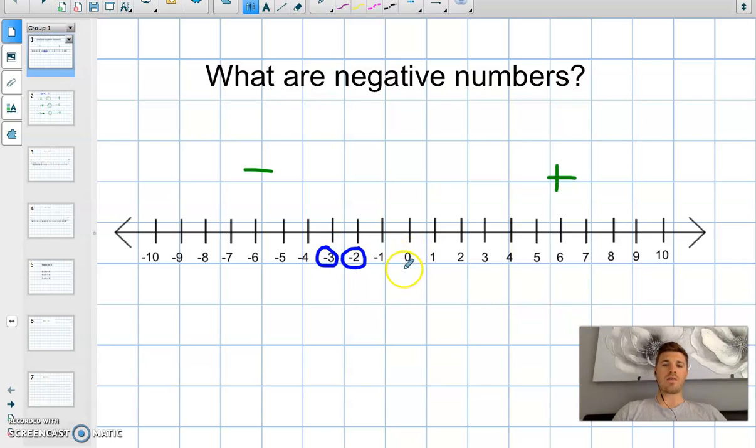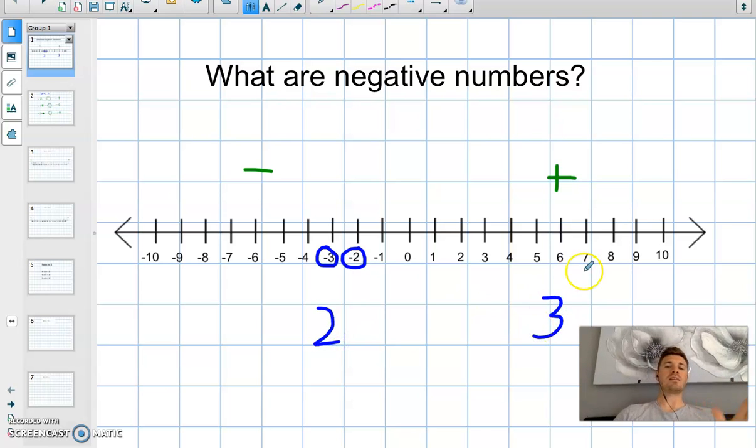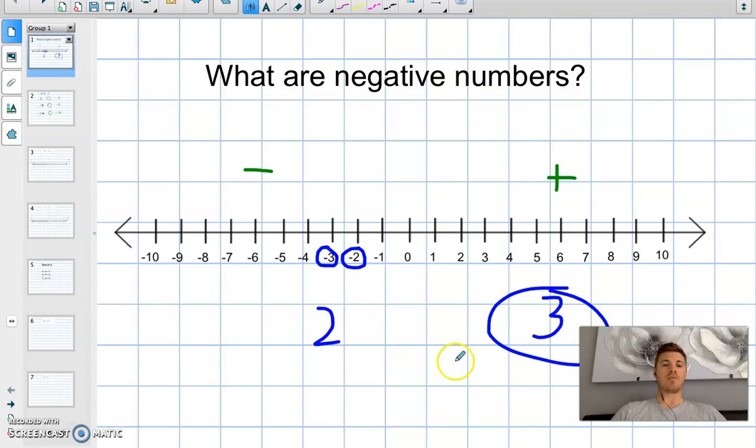Now, this is where negative numbers can become a little bit tricky, because everybody's used to looking at the number 2 and the number 3 and automatically knowing that 3 is greater than 2. And you would be right, because the further you go to the right up the number line, the larger the numbers. We all know that. But when you go into negative numbers and you're going further down the line to the left, the smaller the numbers are getting.